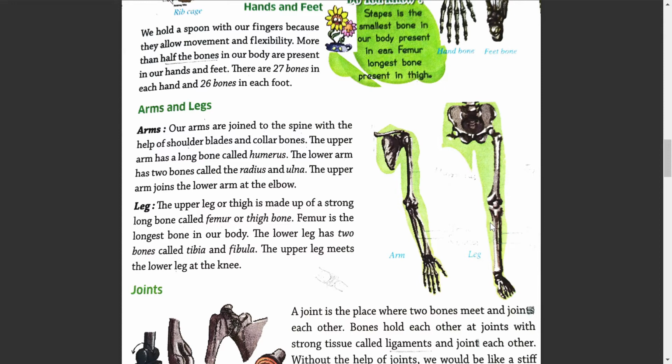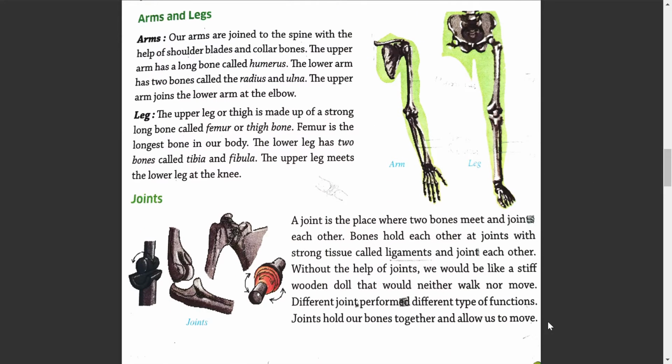So at the elbow and the knees, if you feel, you can find a joint. There are many joints in our body which enable us to move. A joint is a place where two bones meet and join each other.